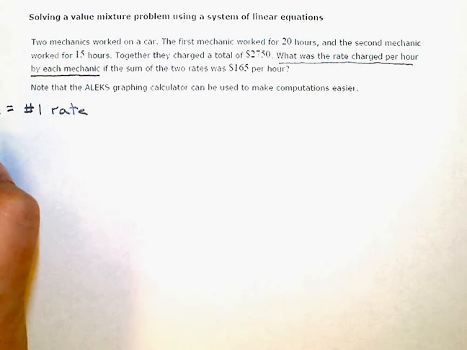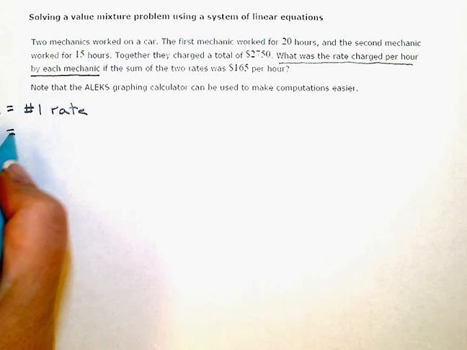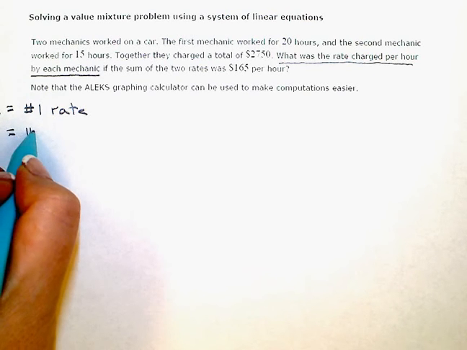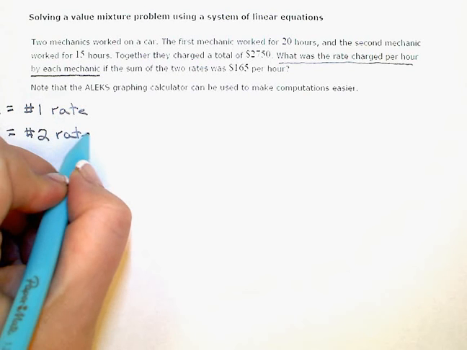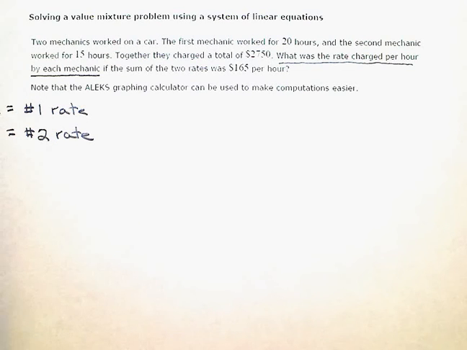And I'm going to let Y be the rate charged by mechanic number 2. Okay? Because that's what the question is asking me. So I know that that's what I need my variables to be, the rates for each individual mechanic.